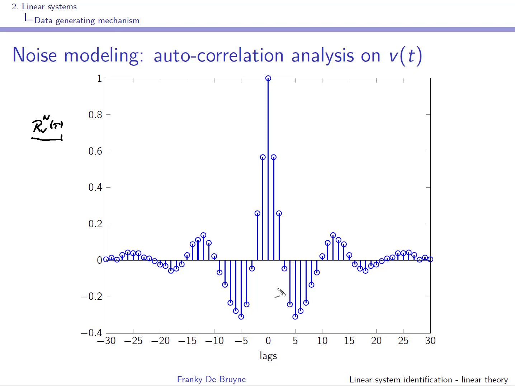But you can see now that the v of t are correlated with previous and future values. And this is because v of t is generated through an equation in which you see clearly that v of t depends on v of t minus 1, v of t minus 2. So this results in a correlogram that looks like this.